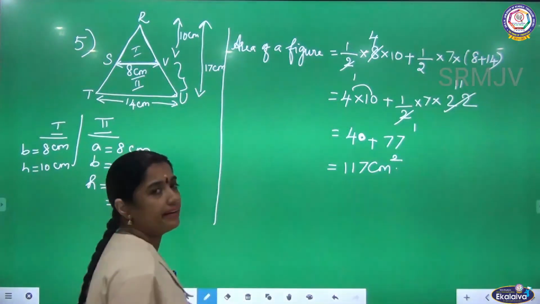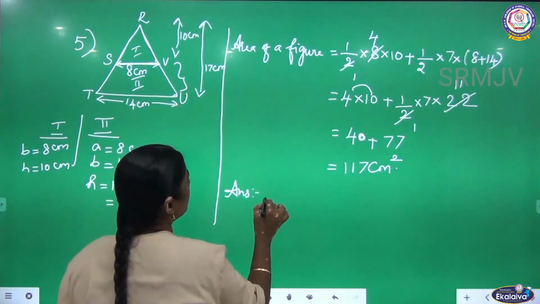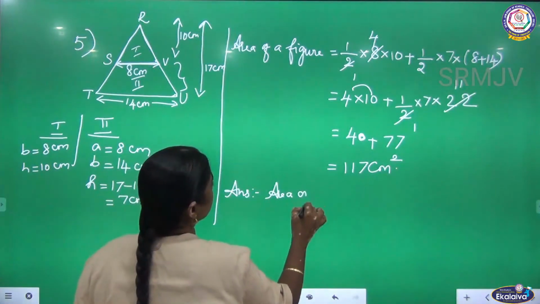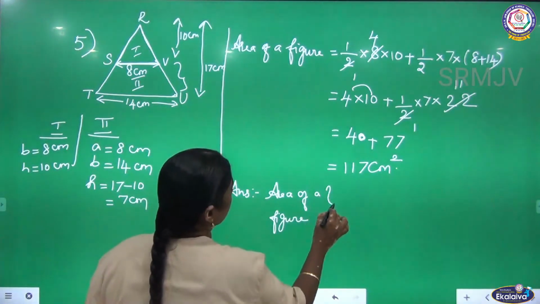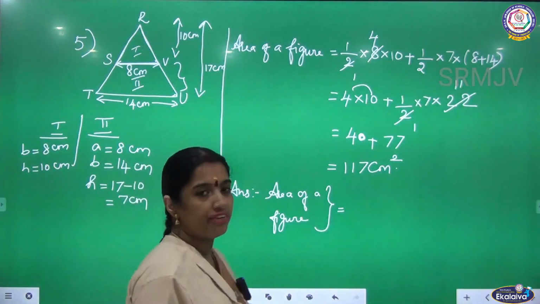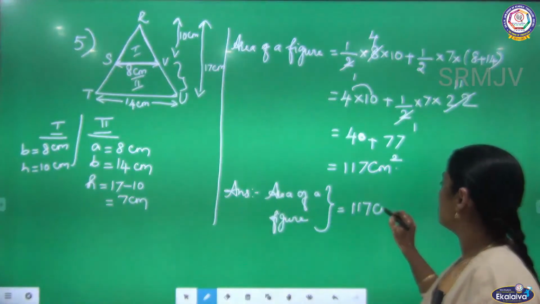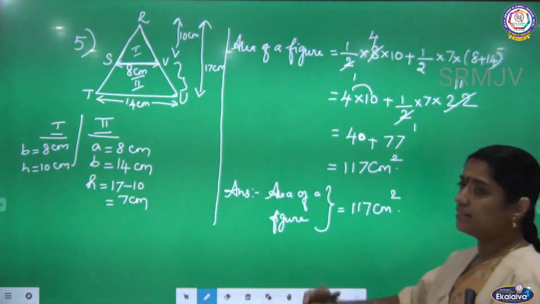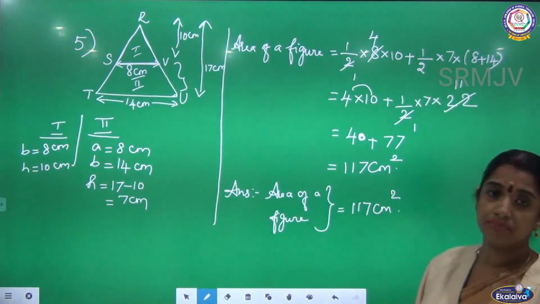What is the unit they are given? Centimeter square. Now I am going to write the answer. Area of a figure is equal to 117 centimeters square. Any doubt in this, children? Fifth sum.